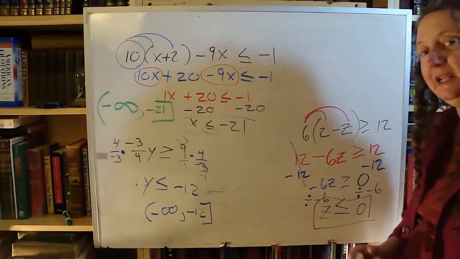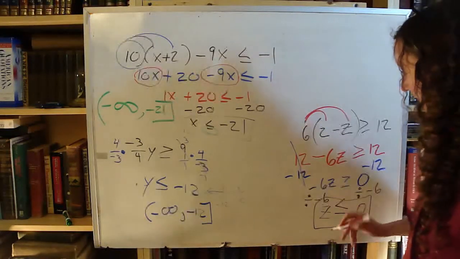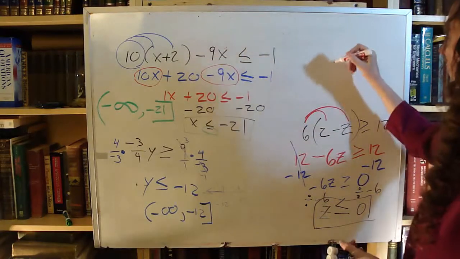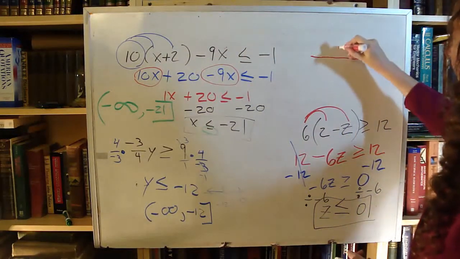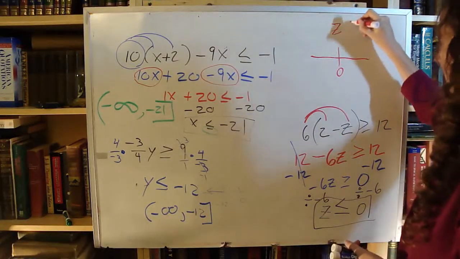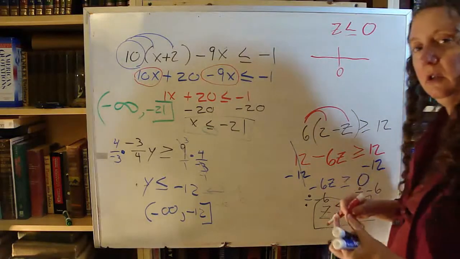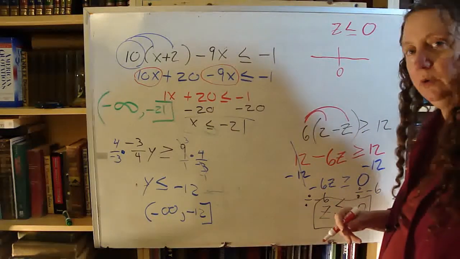I need to write the interval form of the answer. So I'm going to do a quick graph of this. Let's do that up here. I have 0. Z is less than or equal to 0, so I need to check that. Is 1 less than or equal to 0?